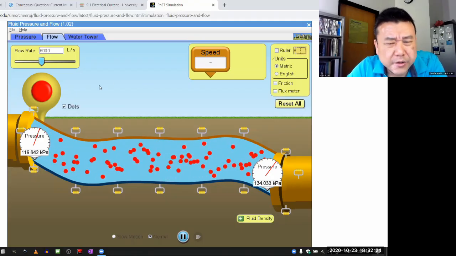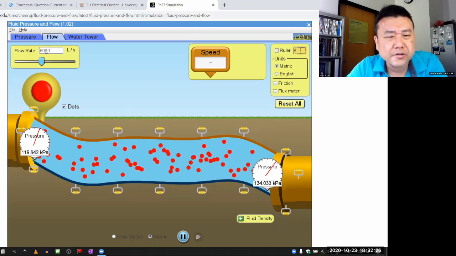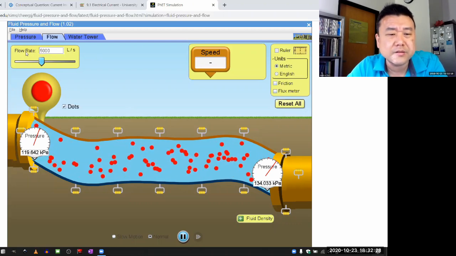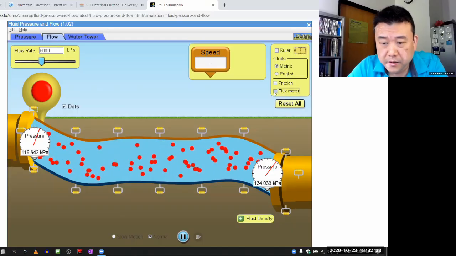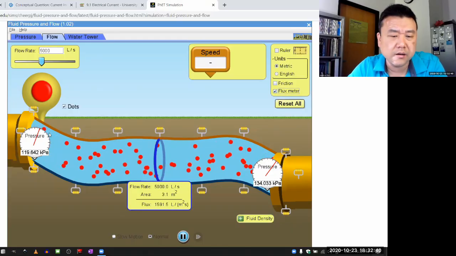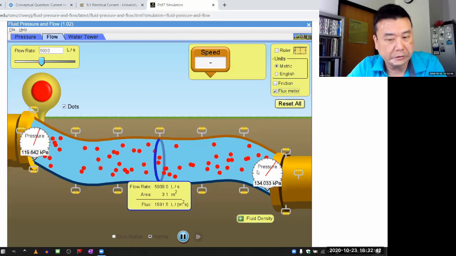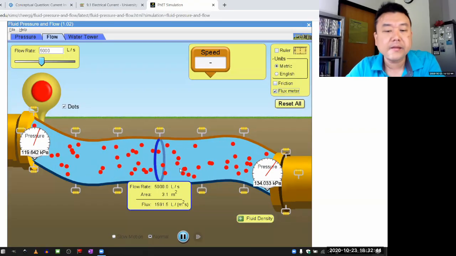The way this simulation is set up, I don't think it actually, because it's set up to set a constant flow rate, it wouldn't cause the fluid to flow any faster. So never mind that.